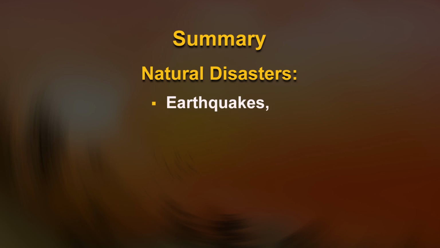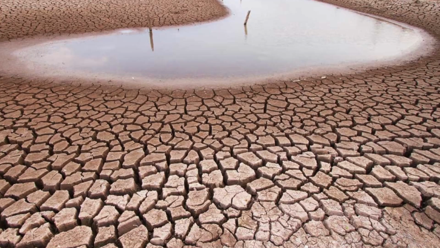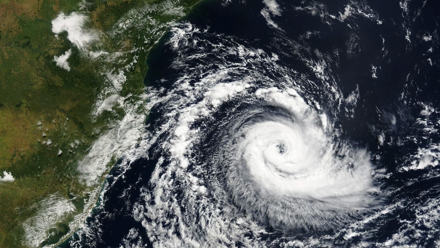Now we shall summarize. In summary, we can say disasters can be classified into two categories, that is natural disasters such as earthquakes, floods, cyclones, etc., and human-made disasters, that is explosions, fire, nuclear accidents and so on. Statistics show the occurrence of natural disasters in a progressive trend, and the impacts of natural disasters like earthquakes, landslides, drought, floods, storms, tropical cyclones, etc. become a threat to the survival of human beings and their livelihoods, which are the bottlenecks in achieving development.